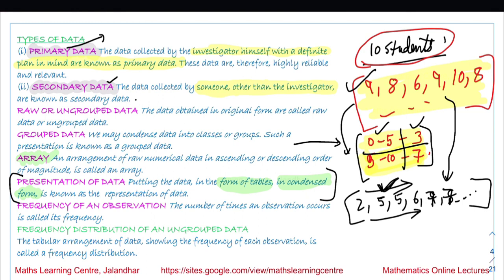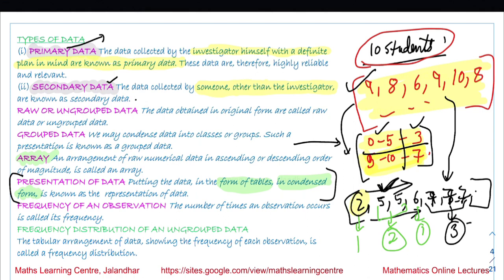Next is the frequency of an observation. Frequency means how many times an observation is repeating. Suppose I am talking about this: how many times is 2 repeated? It is only 1. Now we have 5, it is repeated 2 times, 6 is 1 time. The next digit over here is again 7, so 7 is repeated 3 times.